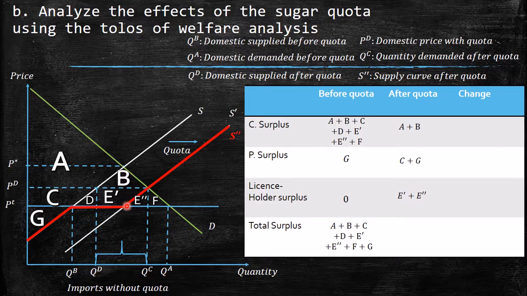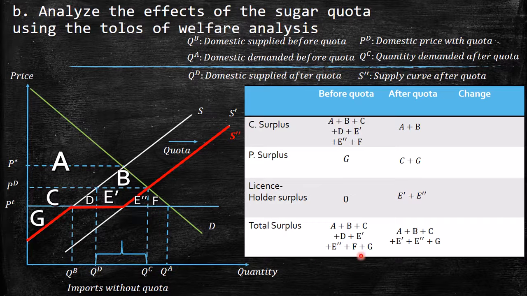So this difference, measured by the quantity imported times the difference in price that they earn, is this rectangle E prime plus E2 prime. This is considered the license holder surplus.